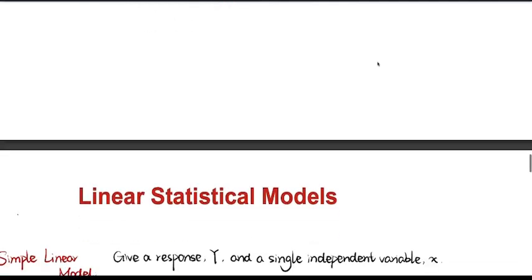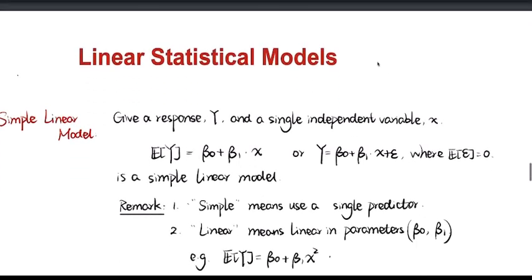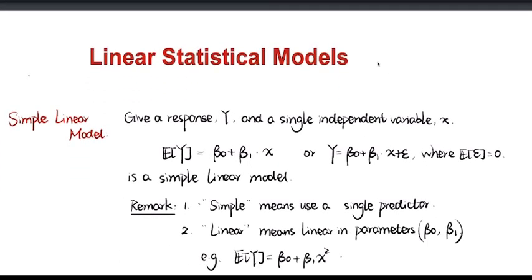Now, the next thing I want to show is a simple linear relationship. Why is it called a simple linear relationship? Because I only want to relate the response variable y to only one independent variable. That is why, when I am given a response variable y and a single independent variable x, it is called simple.